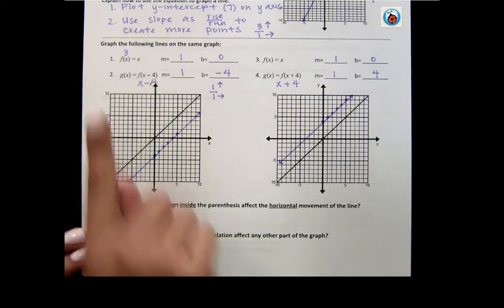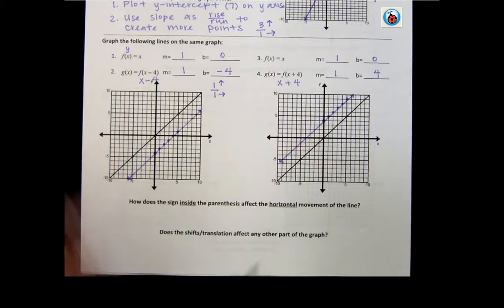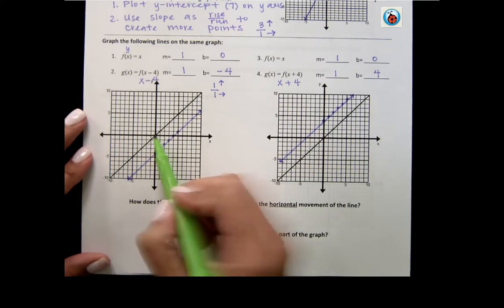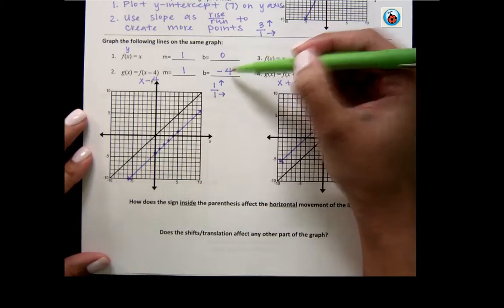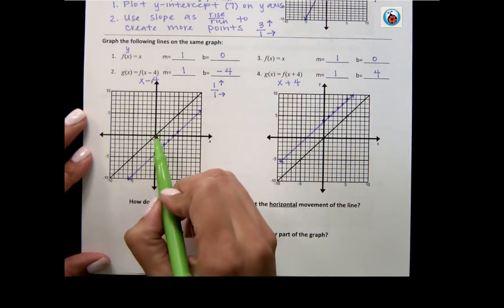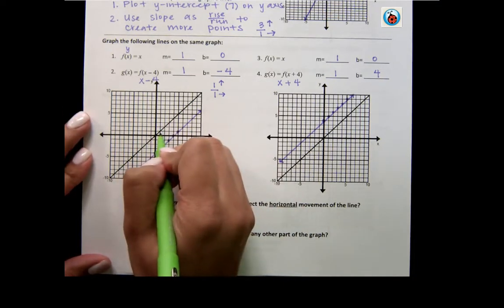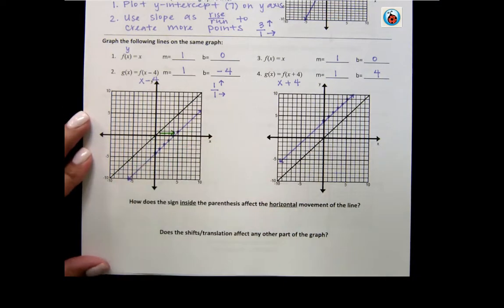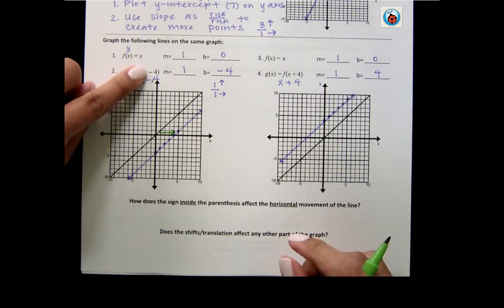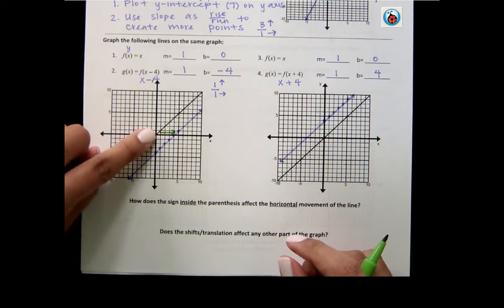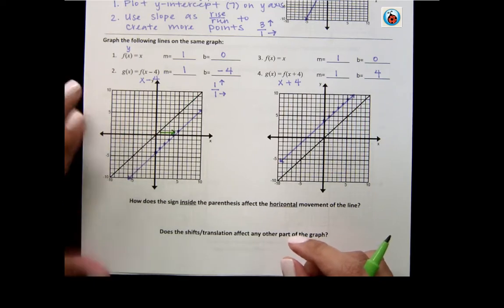And now remember, horizontally is sideways. So if my y-intercept was here, and I'm looking at horizontally, my line moved to the right. So when I had minus 4, the line moved to the right.